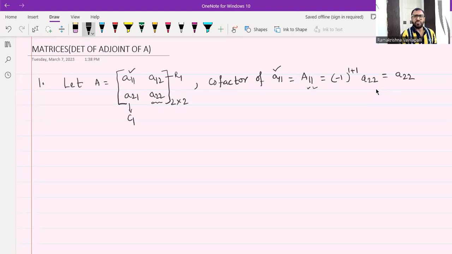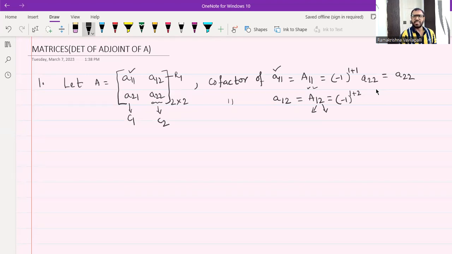Now what is the cofactor of a12, the next element? We'll denote it by A12. So we write (-1) to the power of 1 plus 2 into, now remove the first row and second column. Then a21 is left, right?